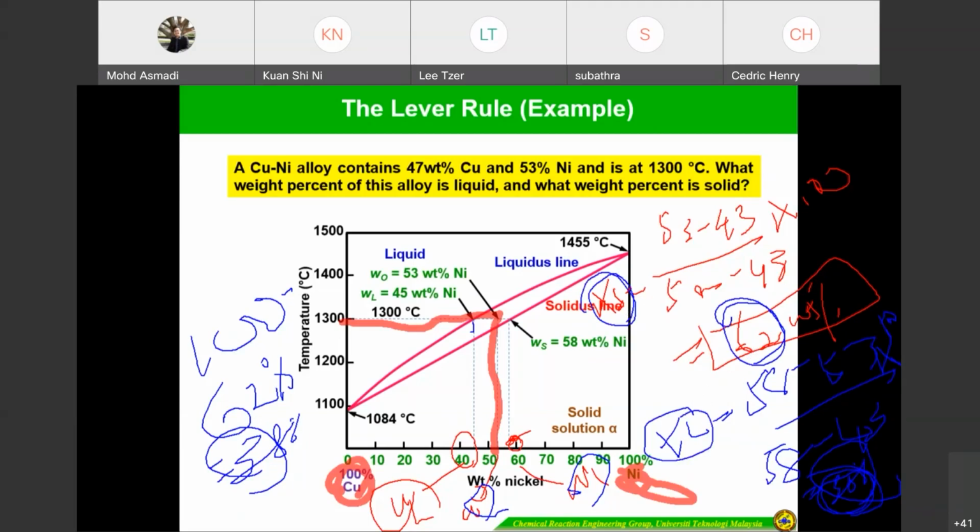This is the fraction. That's how you use the lever rule.